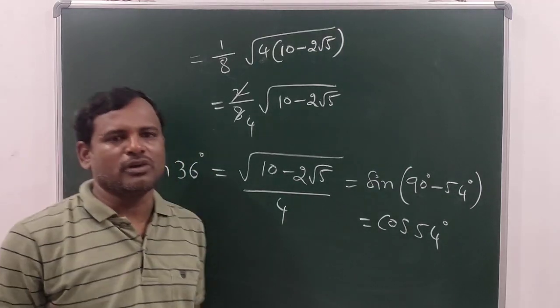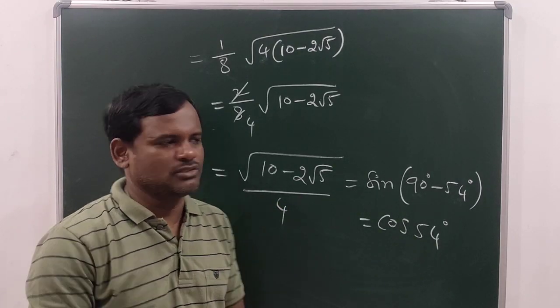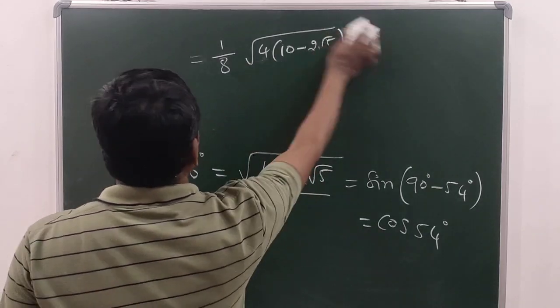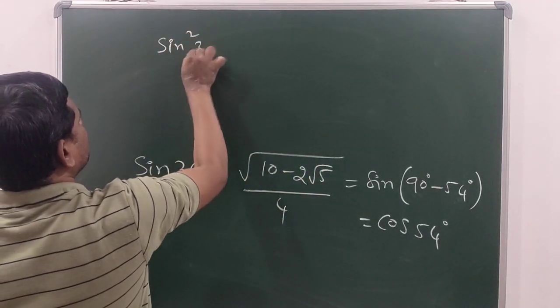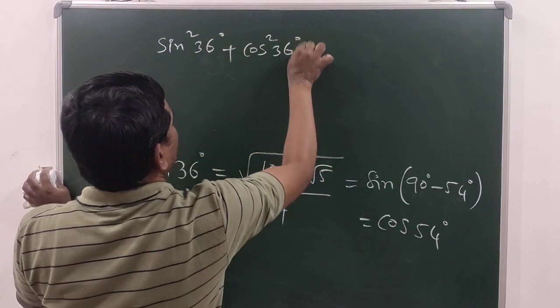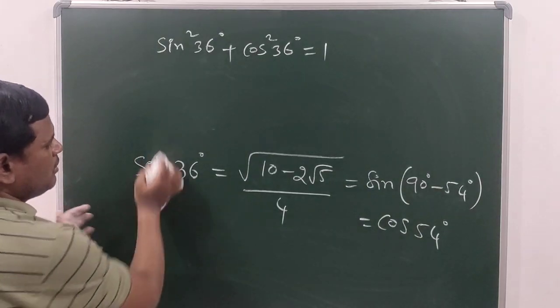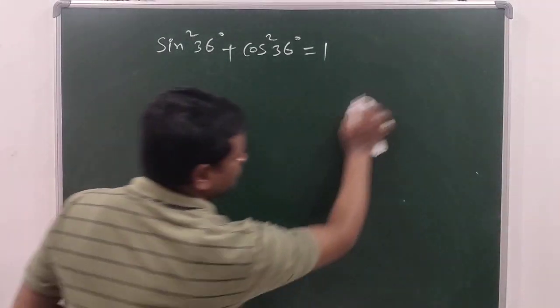Sin 36 you got. With the help of this, you can find cos 36 also. Again, how? With the help of this identity: sin square 36 degrees plus cos square 36 degrees is equal to 1. Now, we want cos 36 degrees.